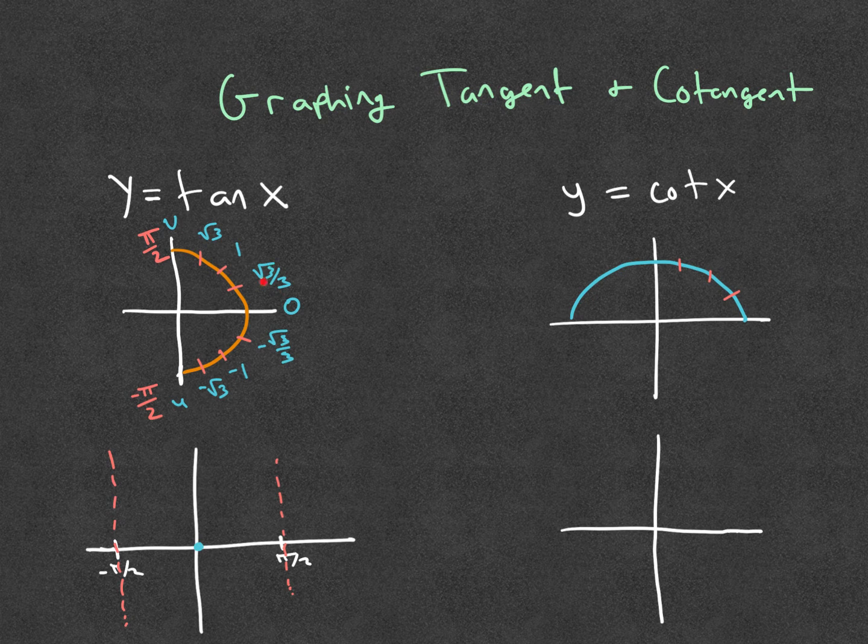And because I'm faced with the choice of root 3 over 3, 1, or root 3, if I want to mark one of those points, I like the idea of marking the one that's 1. So when I get to pi over 4, conveniently halfway between there, and negative pi over 4, I know my y values are 1 and negative 1, so I get pi over 4 comma 1 and negative pi over 4, negative 1.